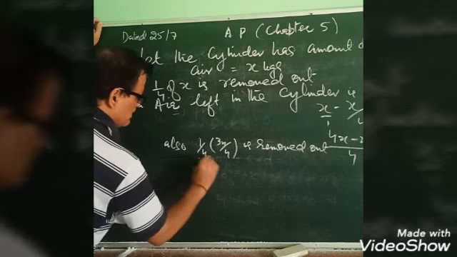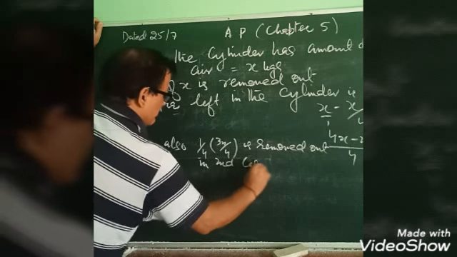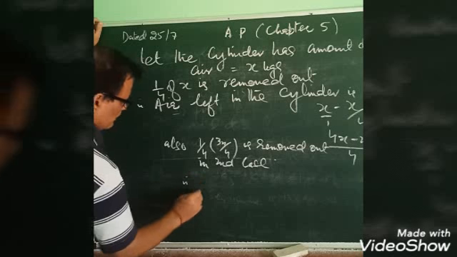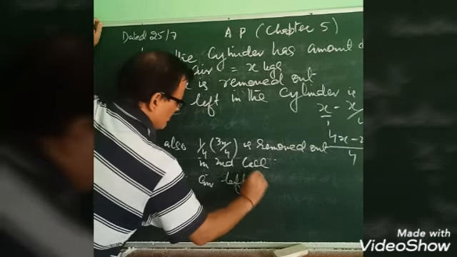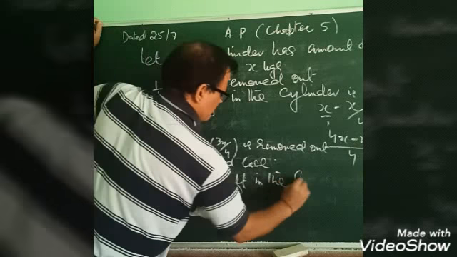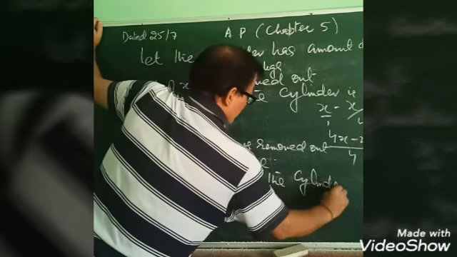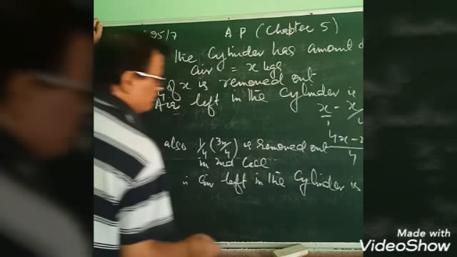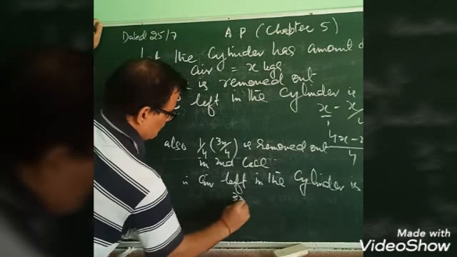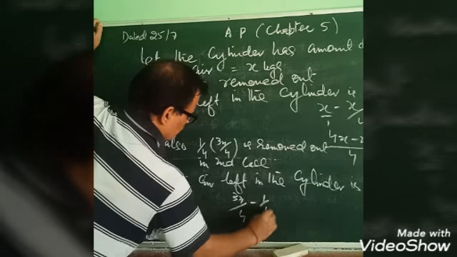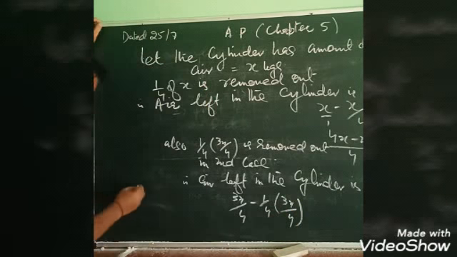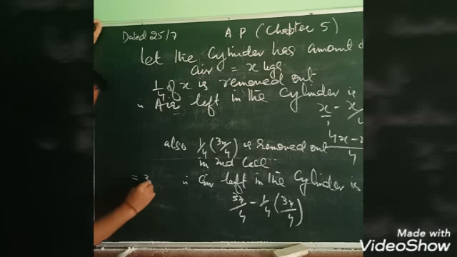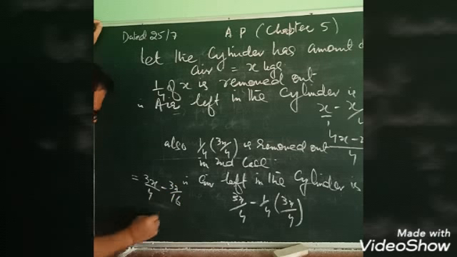In second case, therefore air left in the cylinder is 3x upon 4 minus 1/4 of 3x by 4. This is equal to 3x by 4 minus 3x by 16.